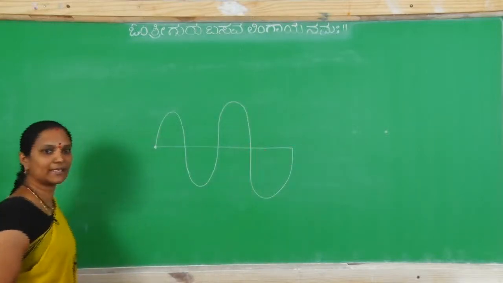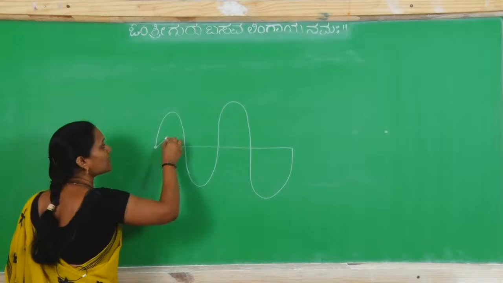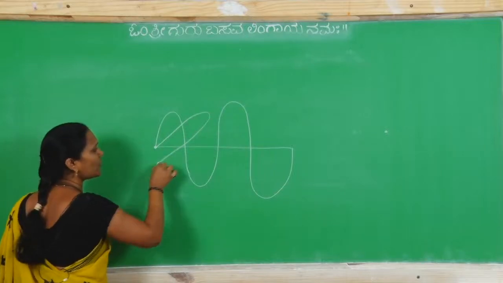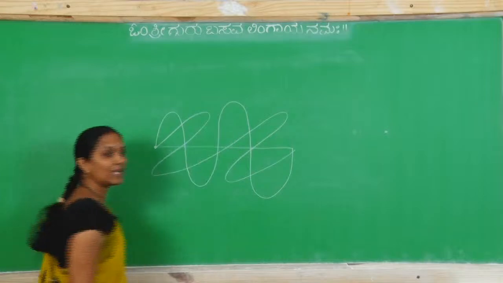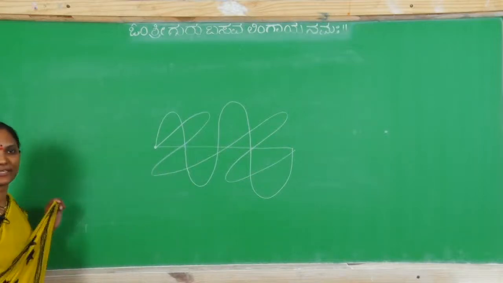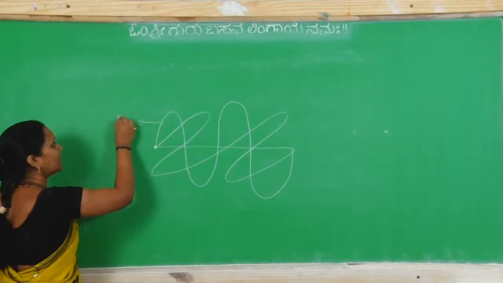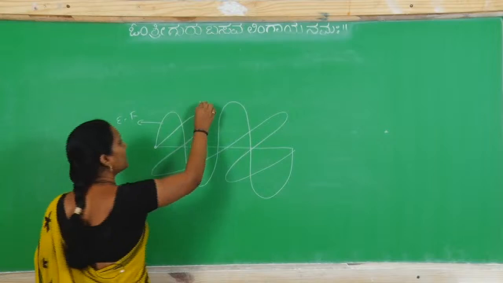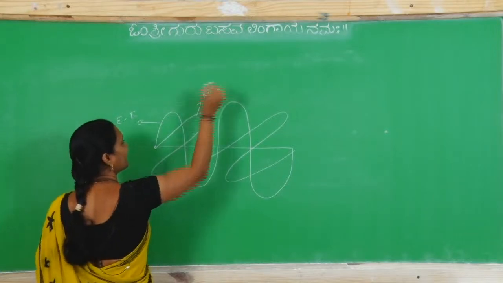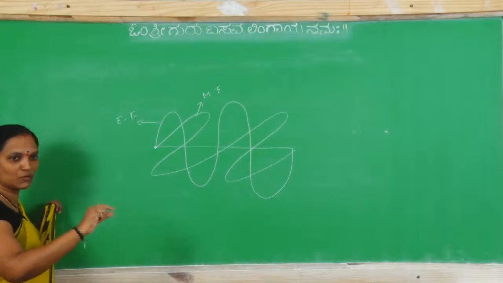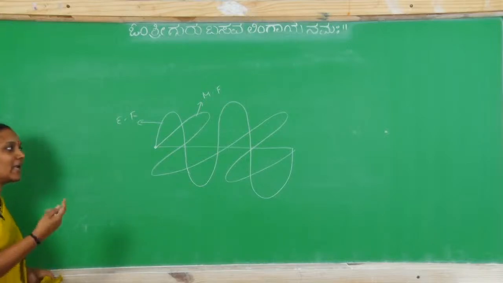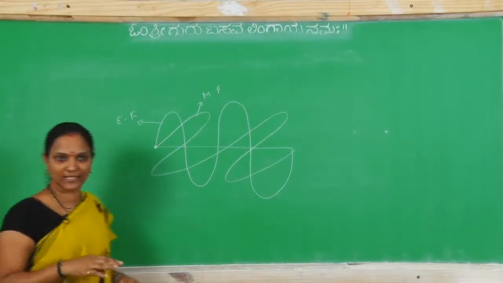Like this, electric field and magnetic field are produced. These two are perpendicular with each other. Any electrically charged particle, if it is moving, produces an electric field and also a magnetic field.